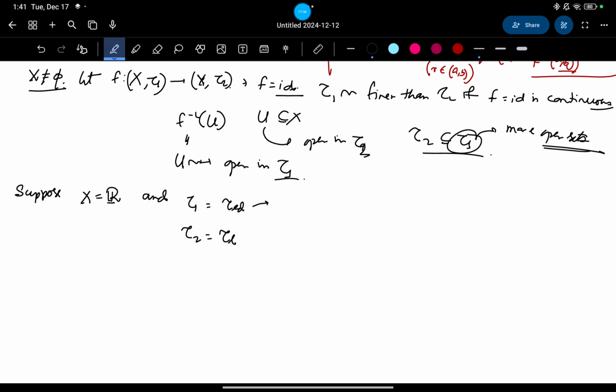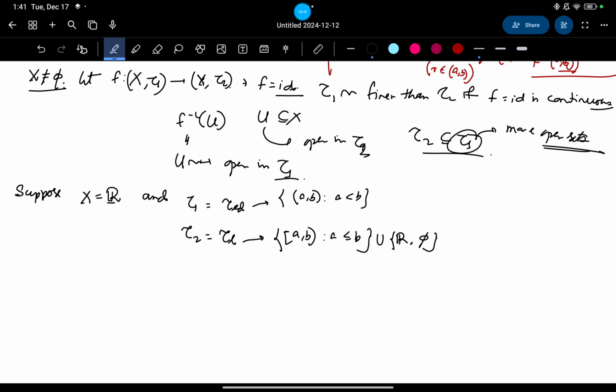We know that tau L, the lower limit topology, is generated by open sets of the form [a, b) where a is strictly less than b, together with R and the empty set itself. So these are open sets, clearly.